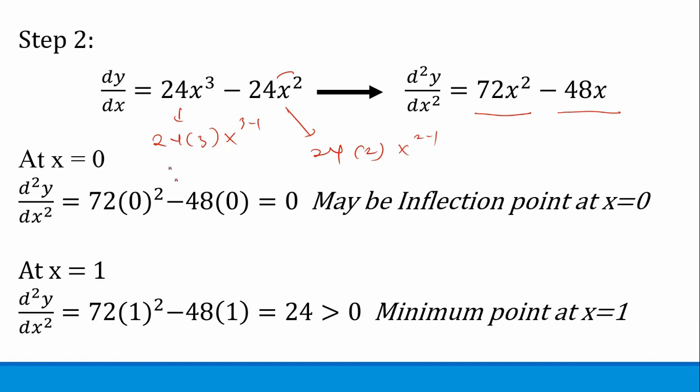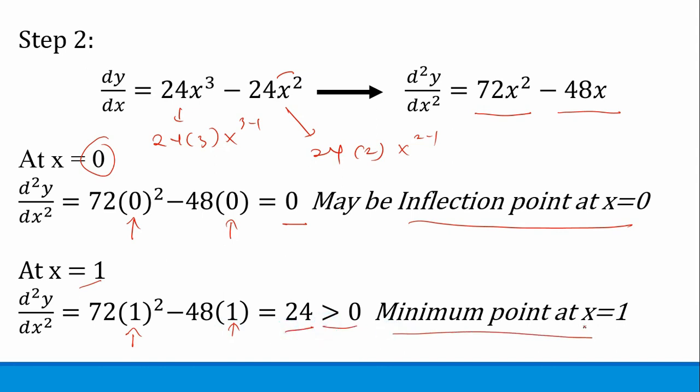Then I substitute x equal to 0 and get 0, so it may be an inflection point, because we need to prove it using concavity. For the second one, substitute 1, you get 24, which is greater than 0, so it is a minimum point.